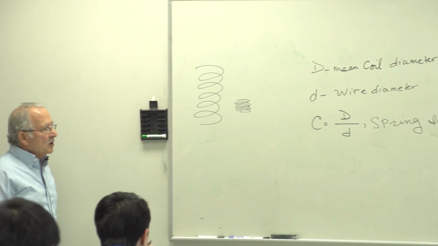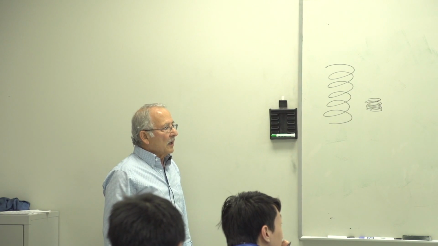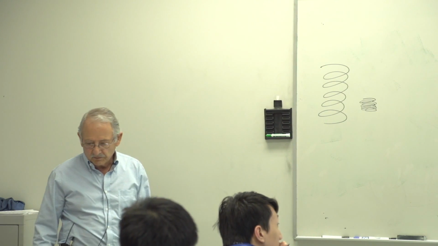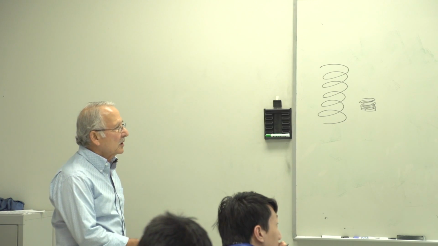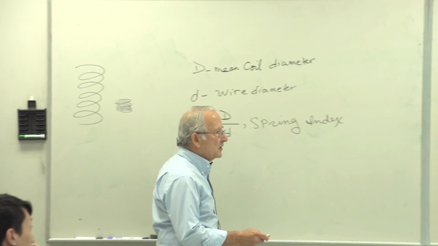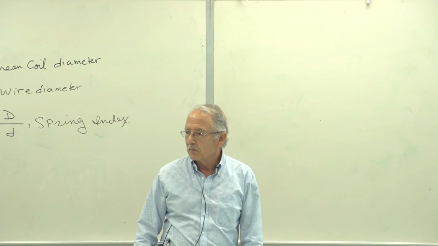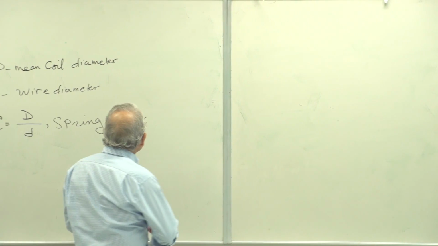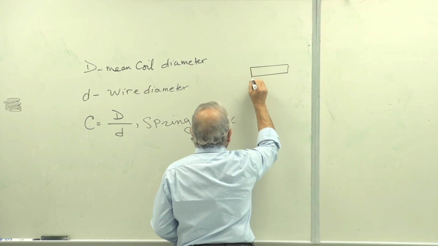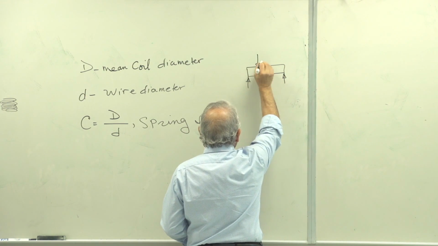So when the spring is loaded, take a look at the free body diagram on the right-hand side. The spring is loaded, as you see on the left-hand side. And I cut a section here, just like you would in any other free body diagram. Remember when you did beams? This is what you did. Simply supported beam, a load over here.